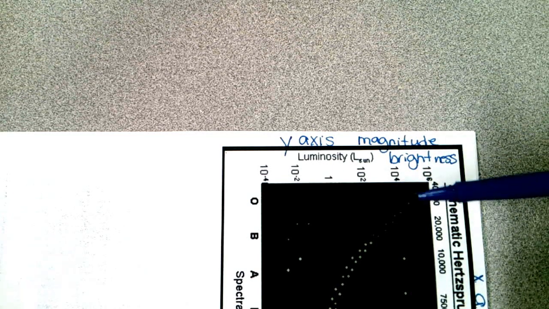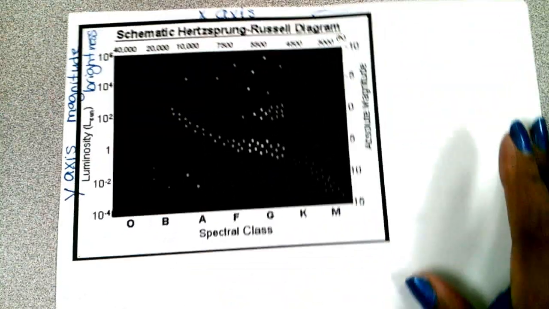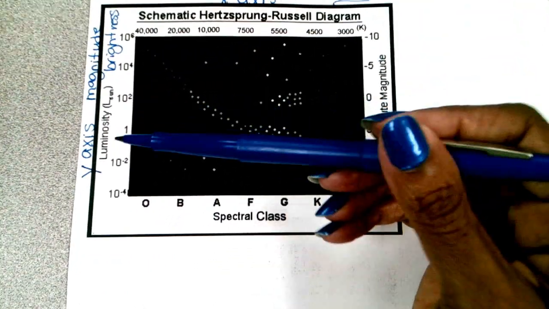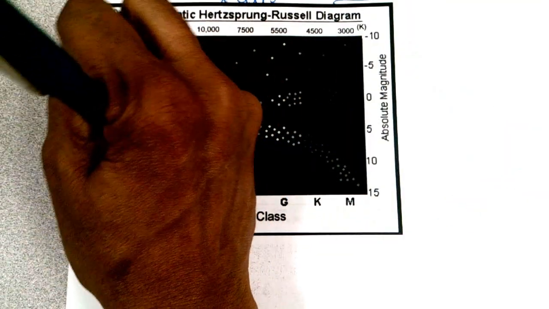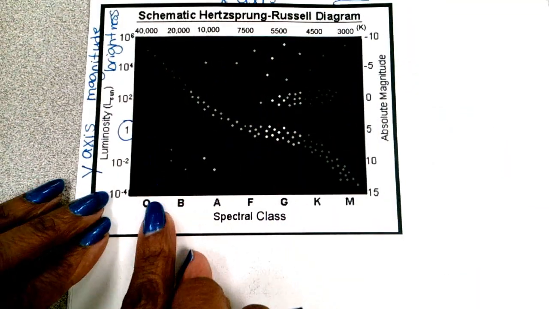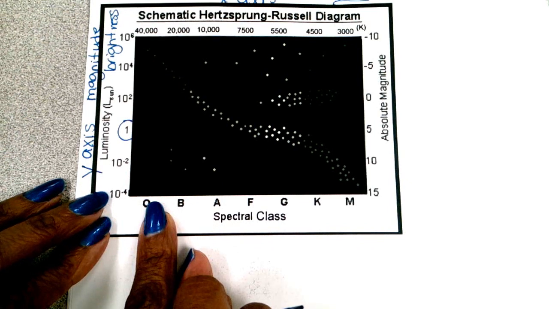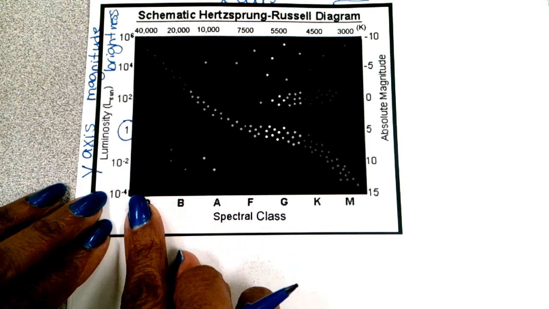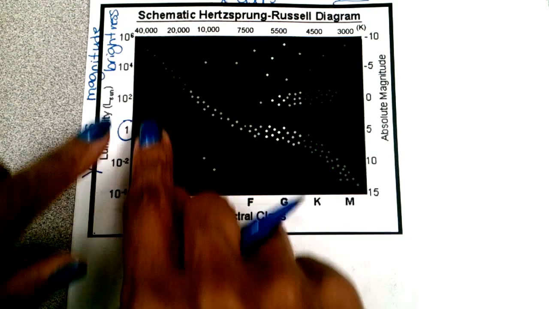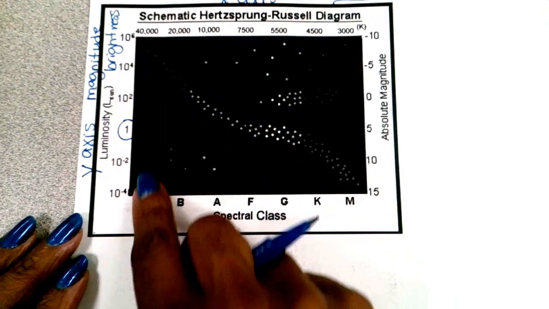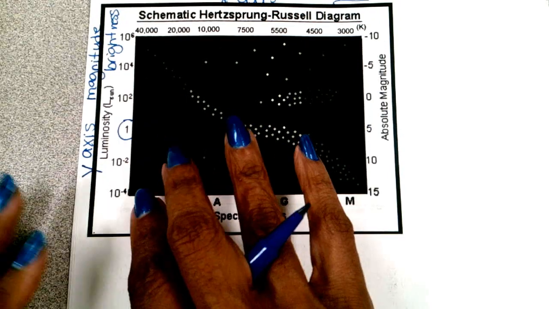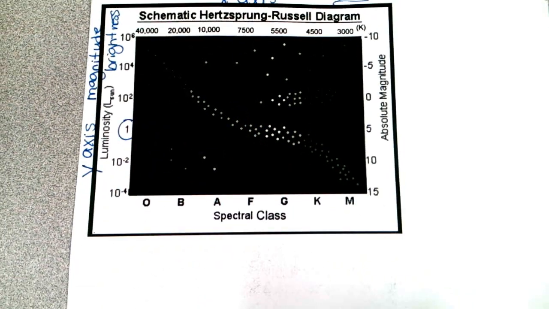Okay? Now another thing you want to notice on this HR diagram is that your luminosity, the sun is always 1, okay? So our sun is always 1, so they compare it in suns, okay? So your dimmer stars are here and your brighter stars are still at the top, but they use just a different system of exponents, okay?